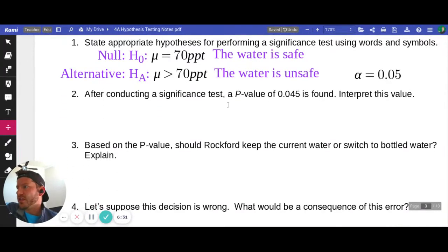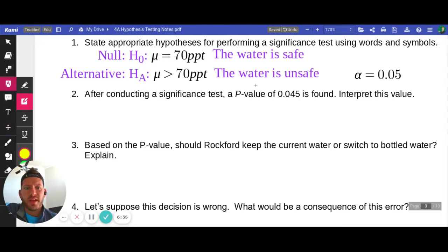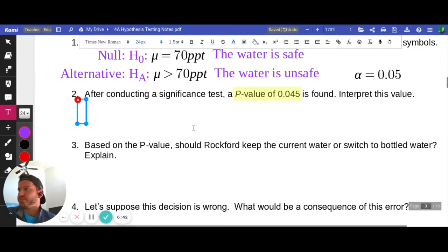After conducting that significance test, they find this p-value. Notice how that p-value is compared to our alpha level. And let's interpret what that means.